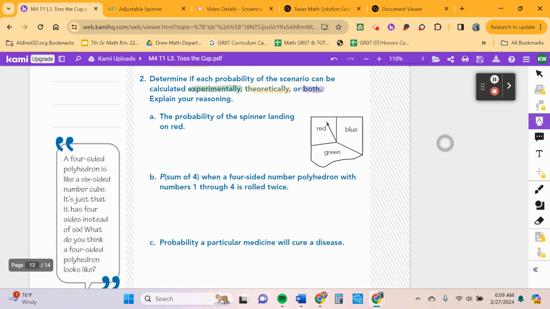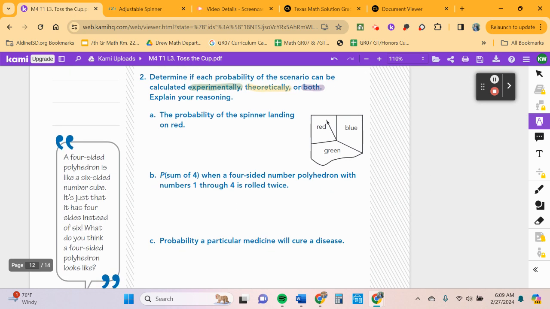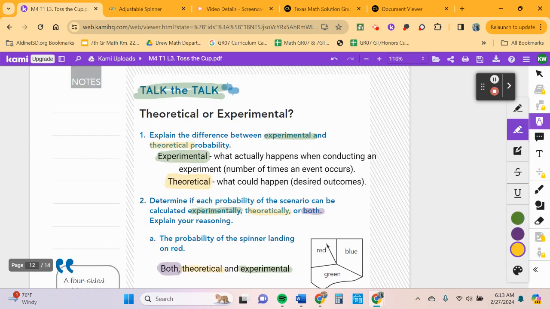Alrighty, question number two. So we're determining if each of these scenarios can be calculated experimentally, theoretically, or both. So for 2A, you should have put both theoretical and experimental because I can experimentally spin this spinner and determine probability.